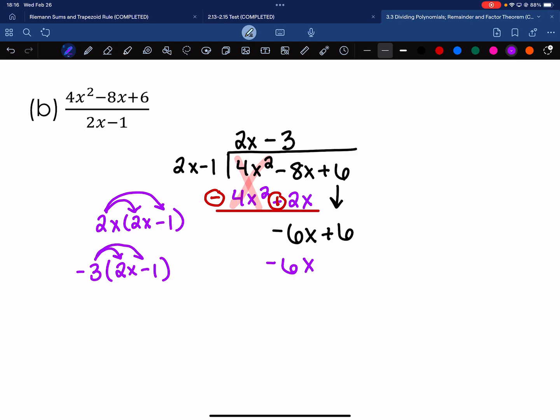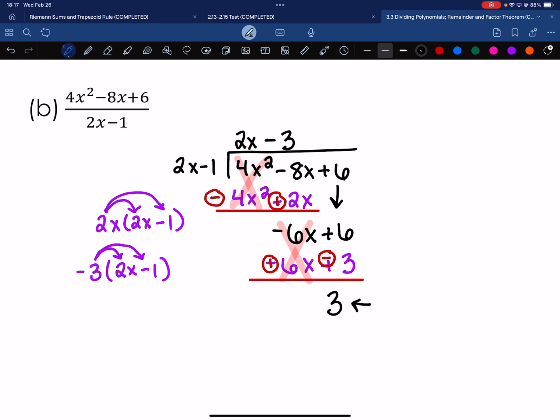Negative 3 times negative 1 is positive 3. Here we go. Draw your line. Change all your signs. Negative 6x plus 6x cancels. 6 minus 3 is 3.